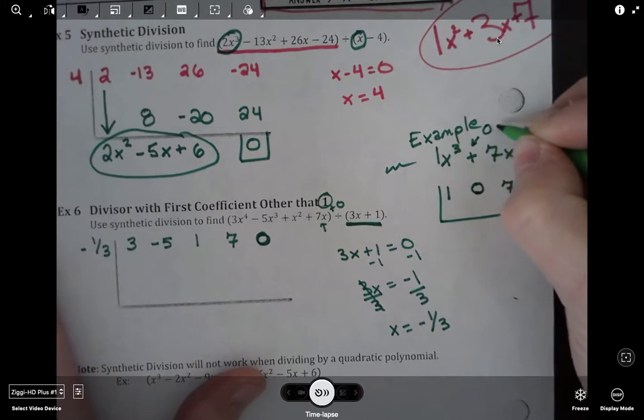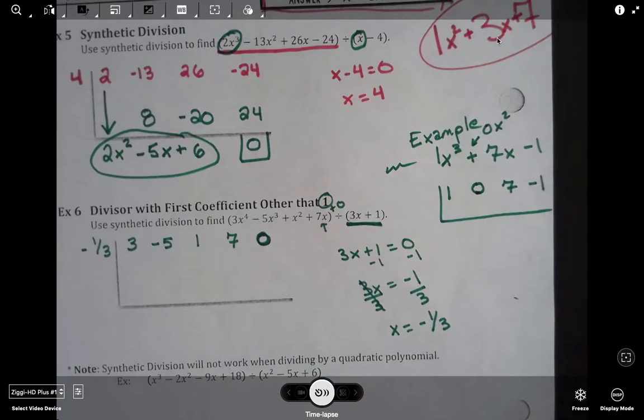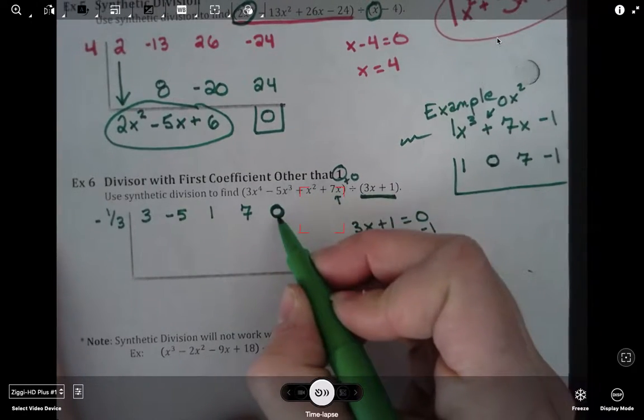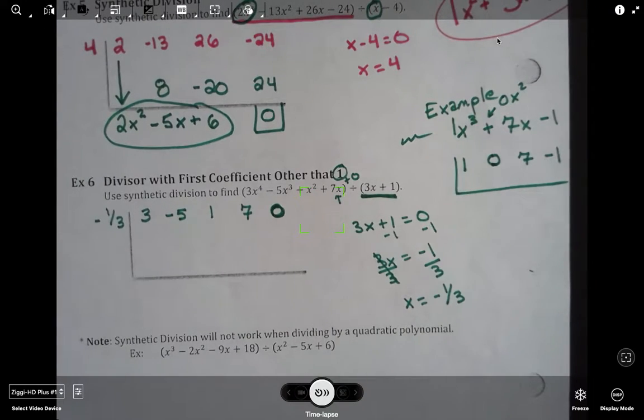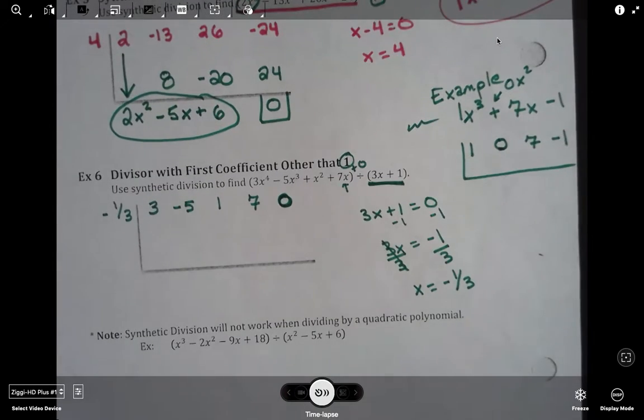There's no x squared, okay? I don't do one of those to you, but when you take trig and calc in the coming years, we will have some that are like that, and you need to make sure you put a 0 in that spot. You won't have any like that now, but this one we did need to add a 0 to the end. Will it change the answer if you don't have the 0 in there? Yes, definitely.